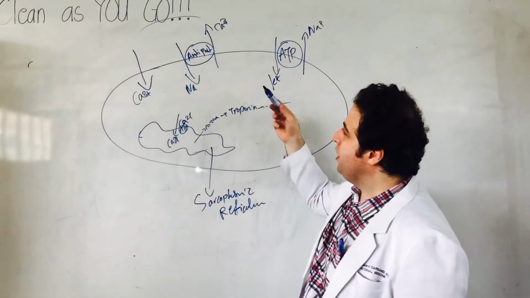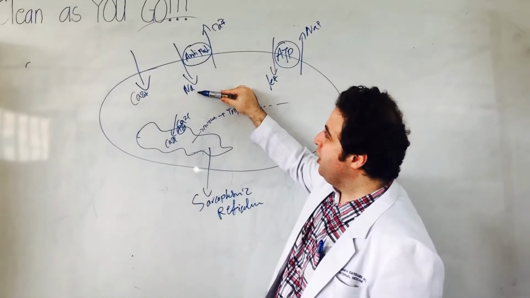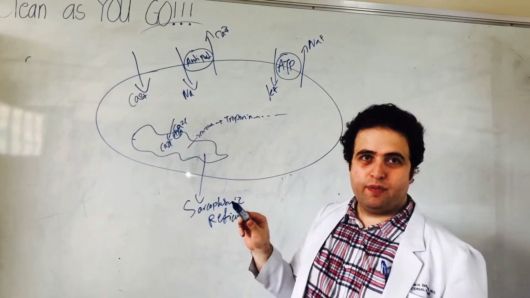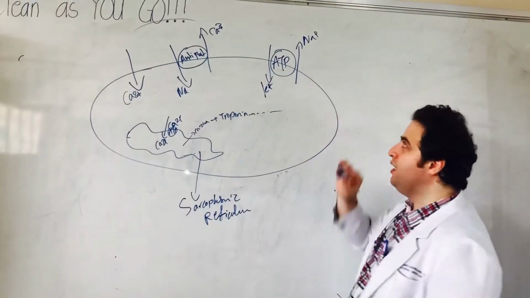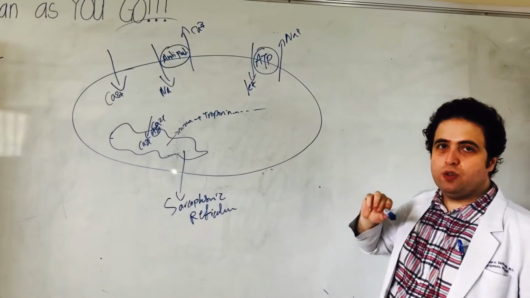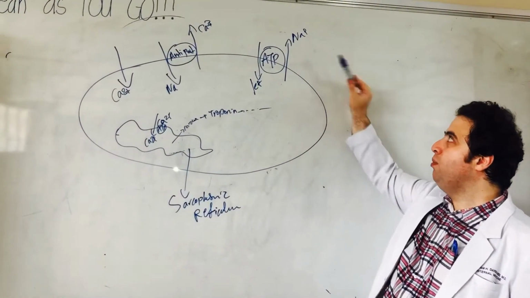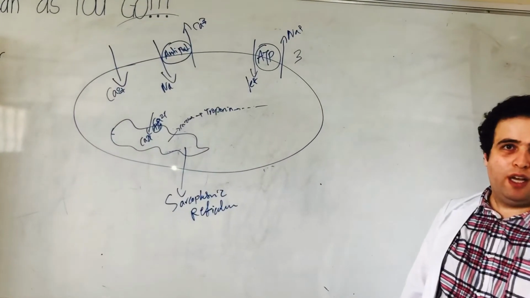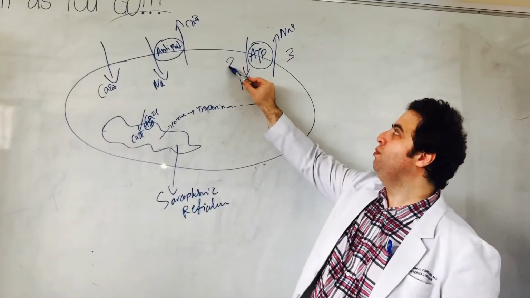Here, sodium goes in and calcium goes out. And I am also seeing ATP, which is primary active transport, which will make sodium go out, if you want to be particular, 3 sodium out and 2 potassium in.